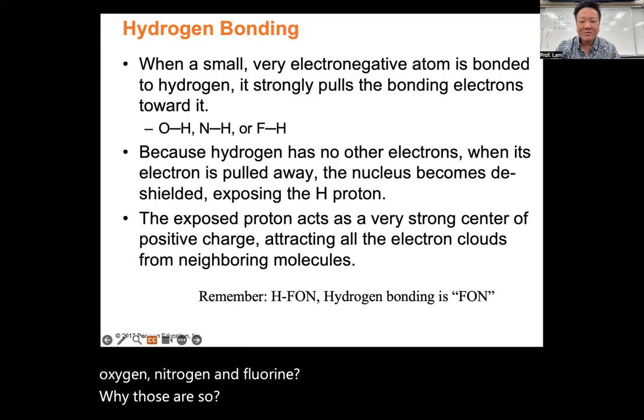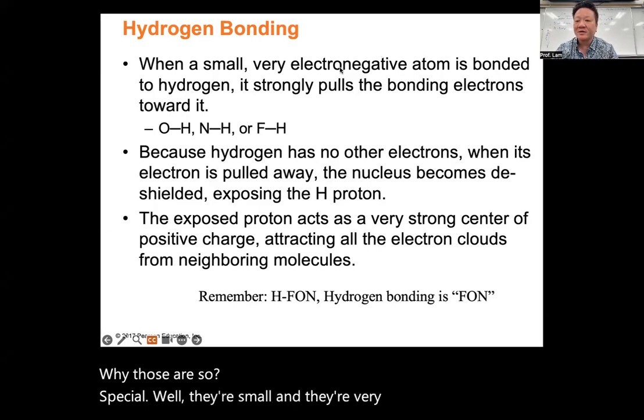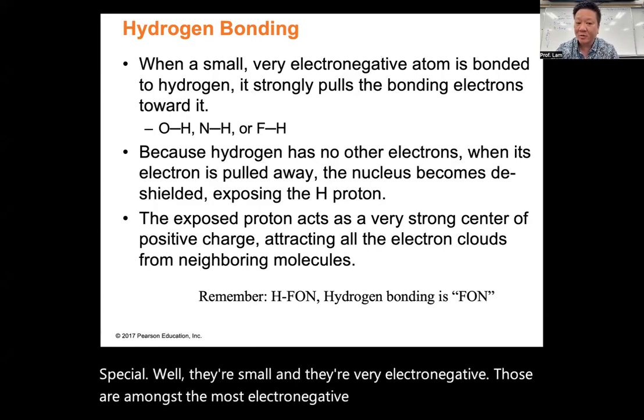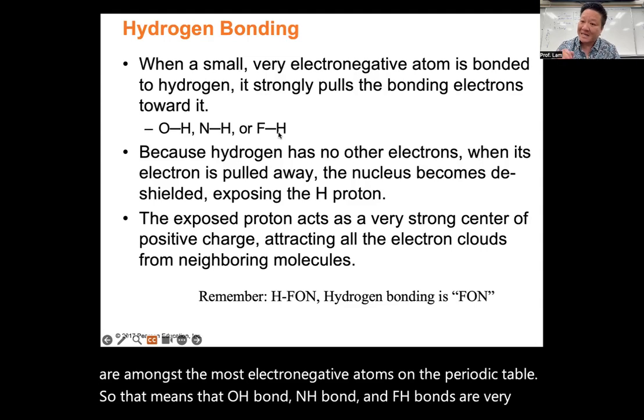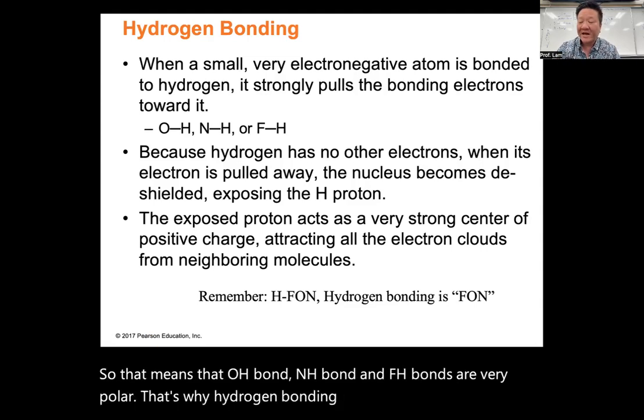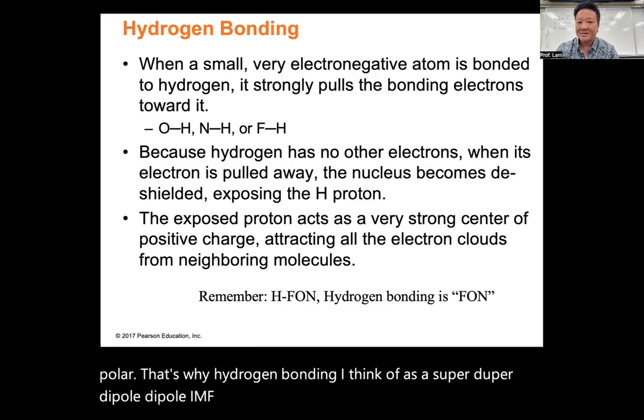Well, they're small and they're very electronegative. Those are amongst the most electronegative atoms on the periodic table. So that means that OH, NH, and FH bonds are very polar. That's why I think of hydrogen bonding as a super duper dipole-dipole IMF. It's basically like a dipole-dipole, but way stronger.